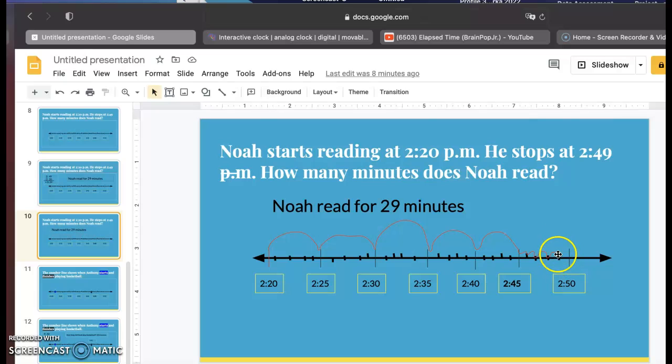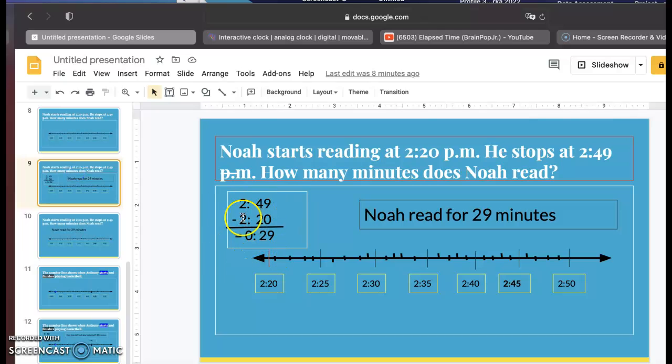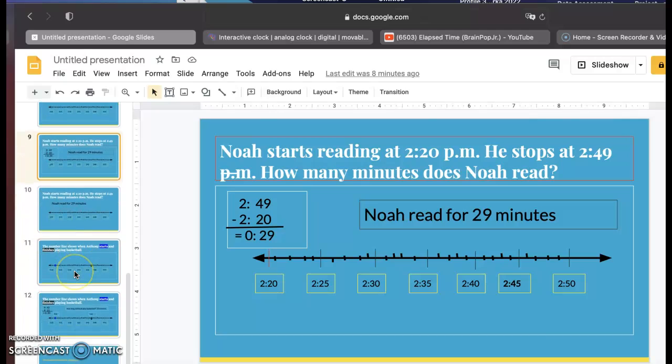So we're going to stop right here. We're going to count by 5. So I want you guys to follow along with me on your number lines. 5, 10, 15, 20, 25, 26, 27, 28, 29. Same answer, guys. We got the same answer by using the number line, and we got the same answer by doing our subtraction, guys. So there's 2 ways that we can represent that.